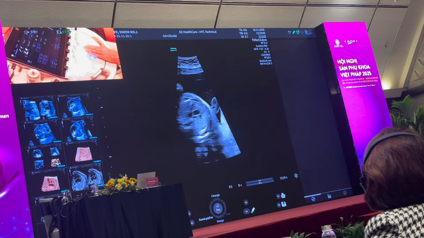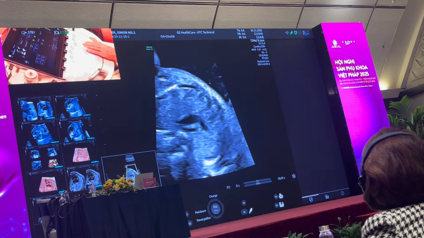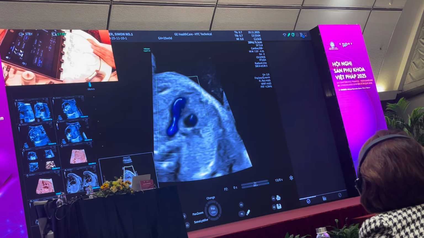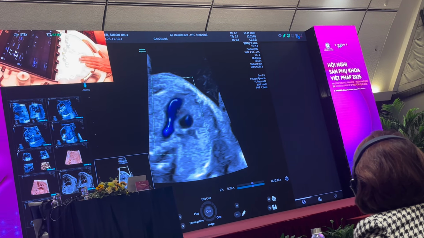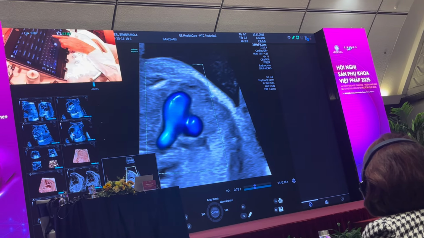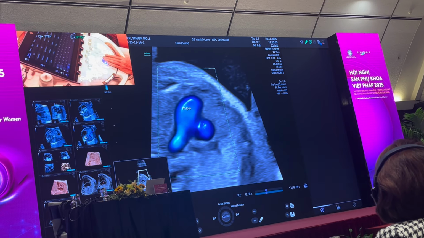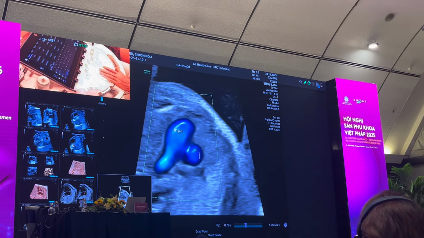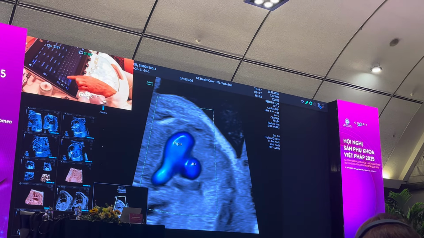The next, as I come across, is looking at the three-vessel and trachea views, and I look at the color Doppler on this. First I see the three-vessel view. So here is the main pulmonary artery, this is the aorta sitting beside it, and then beside it again is the SVC. So this is called the three-vessel view.